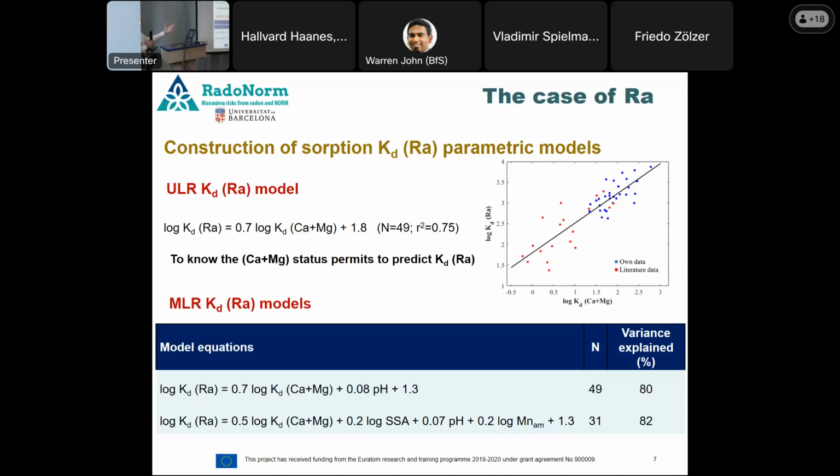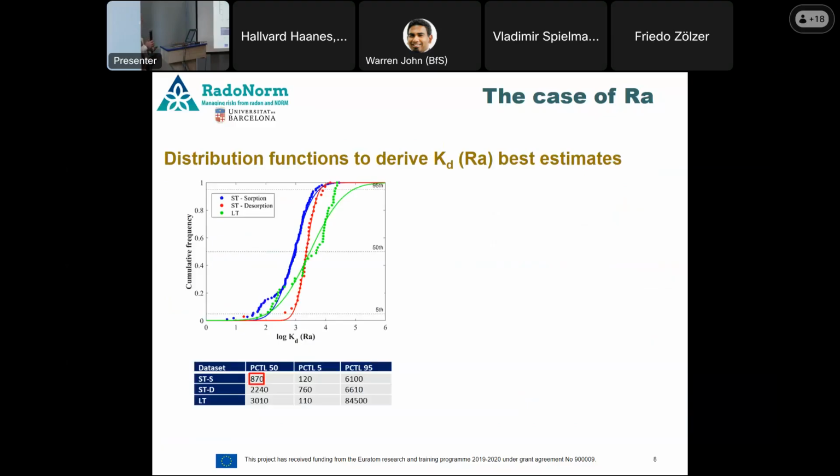I'm going to use radium again in order to illustrate a case of CDFs, of probabilistic functions. In that case, for instance, we compare the populations of sorption KD, desorption KD, and long-term KD. And those are different populations, statistically speaking. We may see that the sorption population is statistically different.